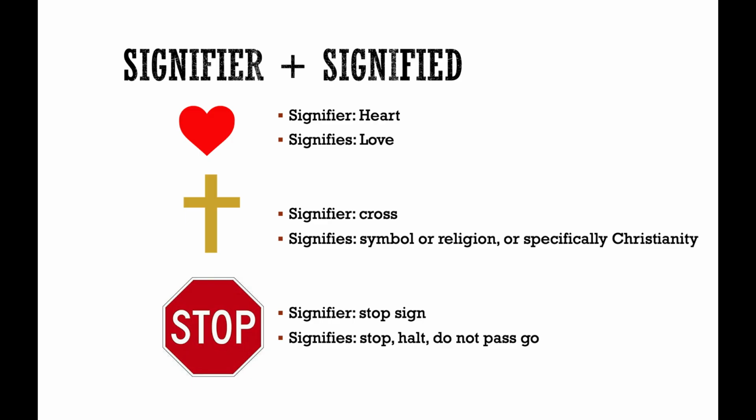A cross signifies religion or Christianity. A stop sign signifies halt, danger, do not proceed. The sign itself is made up of both parts together. This idea comes from linguist Ferdinand de Saussure, who argued that signs are psychological constructs. We agree on their meaning through shared culture.